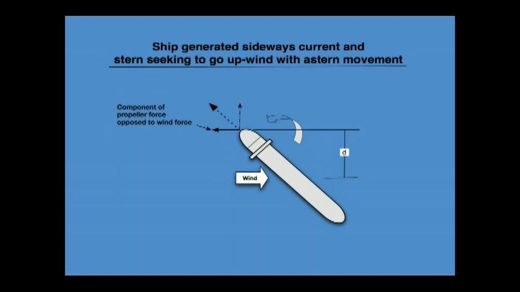As the stern is progressively directed into the wind, it gets out of and produces less ship-generated sideways current.